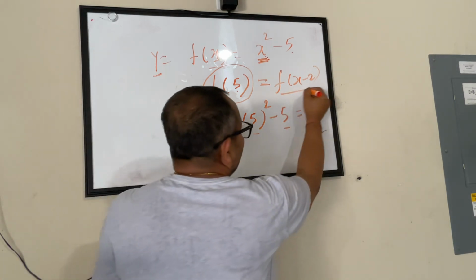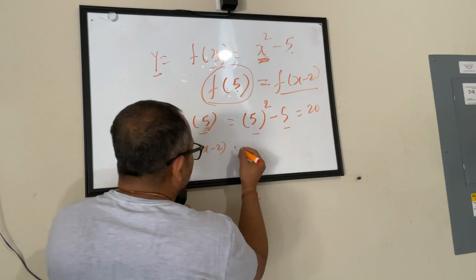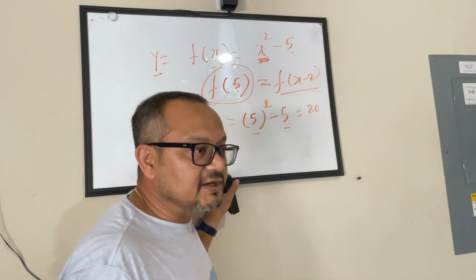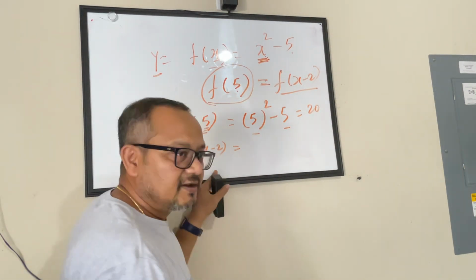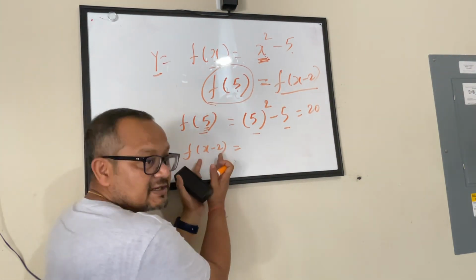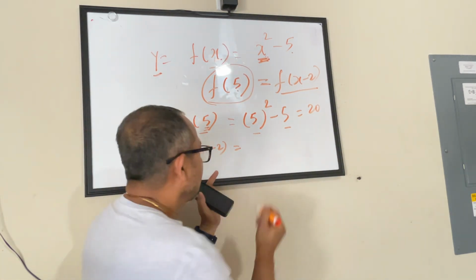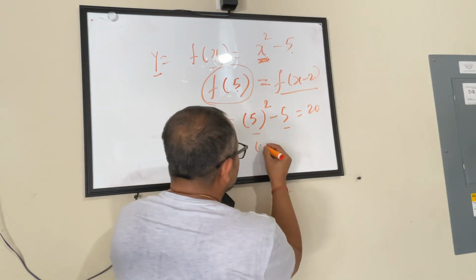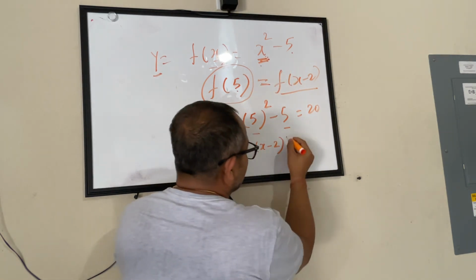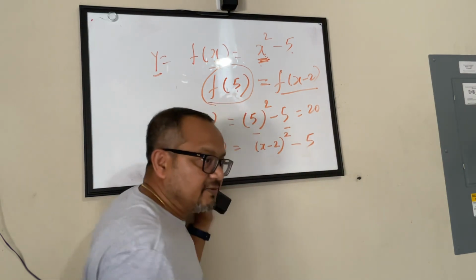Now what is function of x minus 2? Every x you will replace with x minus 2. Whatever is inside the bracket holds true for this function. So instead of x, you will put x minus 2, and this is x square, so it will be x minus 2 whole square, minus 5. 5 will remain 5.